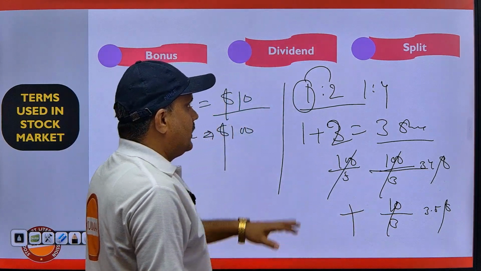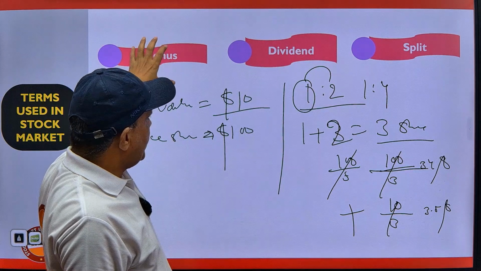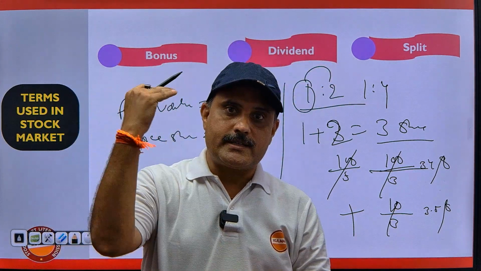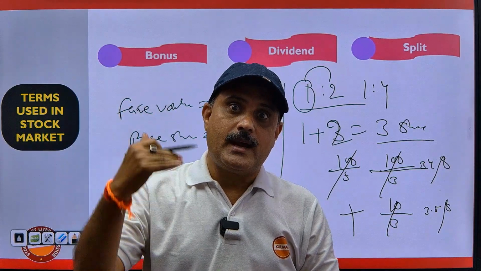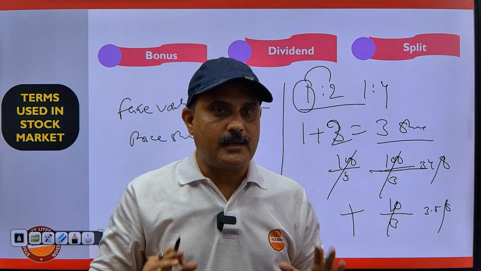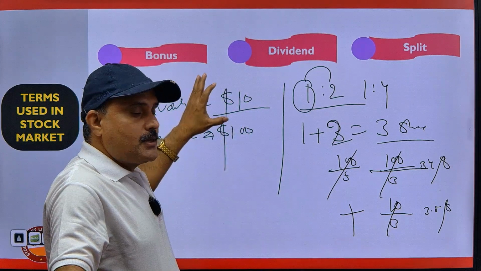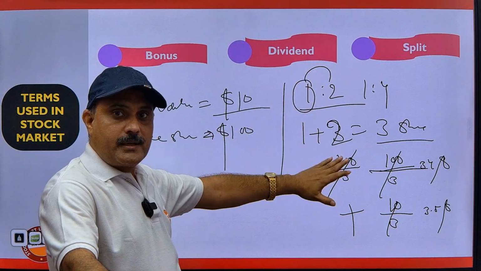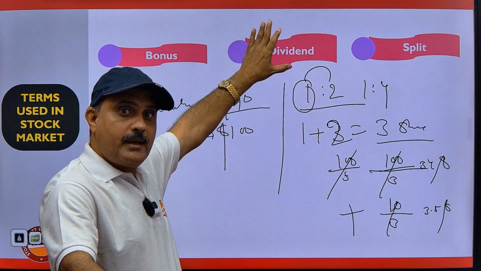So this is the difference between bonus and split. In case of bonus, the shareholder is going to get an extra share. In case of split, also, the shareholder is going to get an extra share. But in the case of bonus, only the price of that particular share will decrease, and the face value will remain the same.